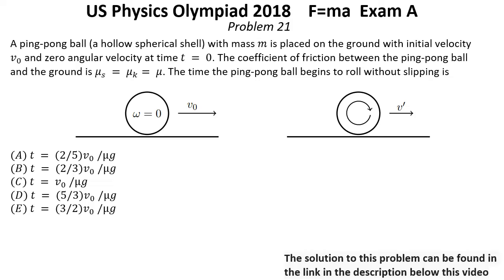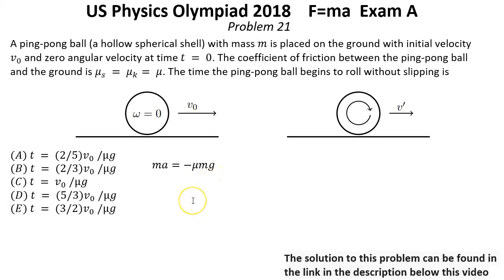First, let's write the equations for translational and rotational motion. Because this ping pong ball is moving to the right with the initial speed, it will be in contact with the surface with friction. It will decelerate with acceleration a. We can find it from the equation ma equals minus mu mg, where mu mg is the force of friction.